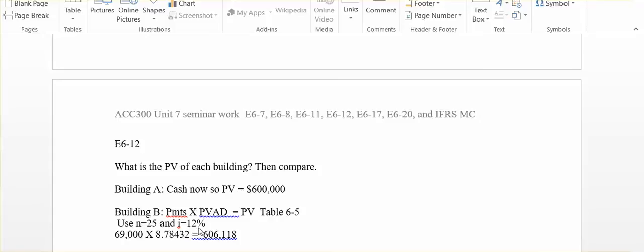So we know the 12%, and we know 25 is the number of periods. We go to table 6-5 and we get 8.78432. So $69,000 in payments times the present value of the annuity due factor equals $606,118. That's the value of making the payments now, so that's obviously more than $600,000.